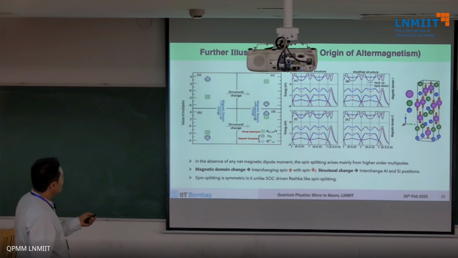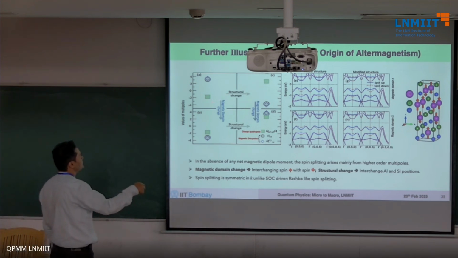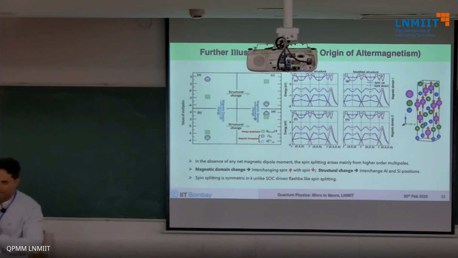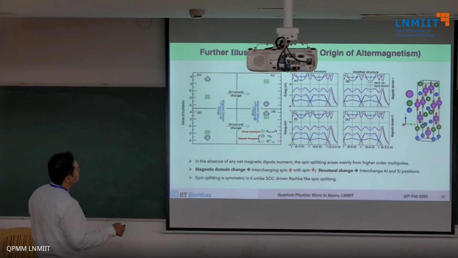So spin is going to act on the magnetic octopole, and you can see that they become reversed. This is a structural change, which means what if I exchange the position of aluminum and silicon? That is also going to change my environment of what spin I'm talking about. So going from here to here is a structural change, and that also reverses my octopole and the quadrupole.